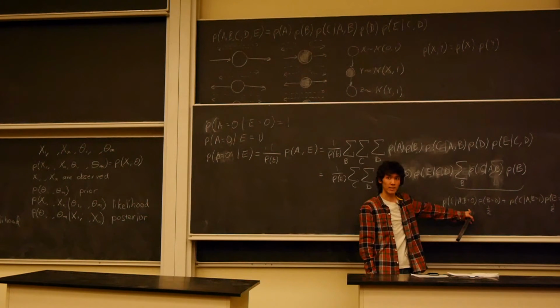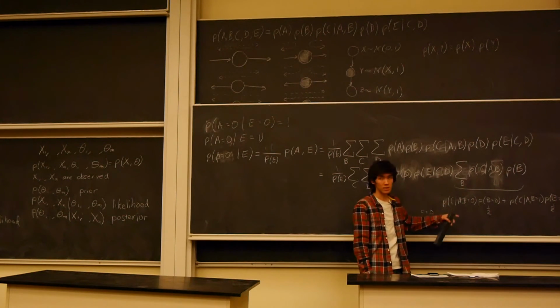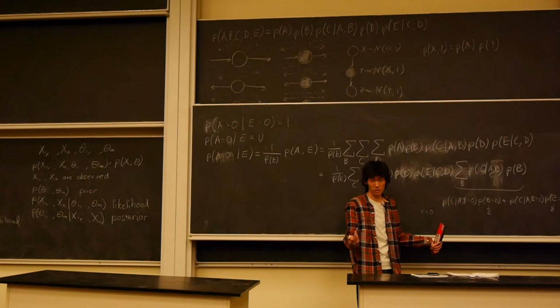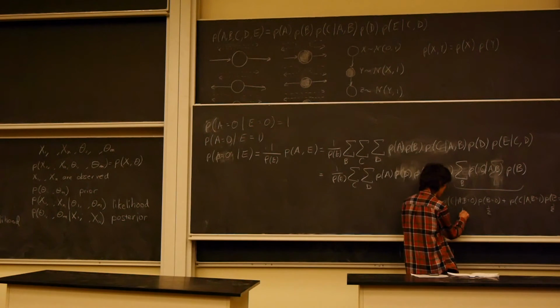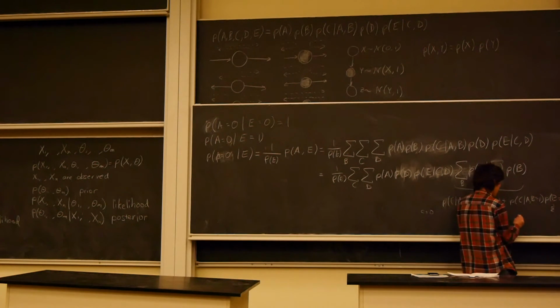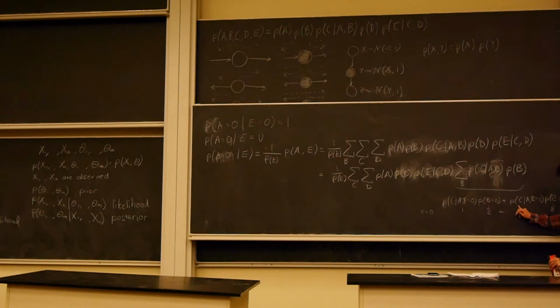What's that probability? That's 1, because C is A plus B, and if A and B are both 0, then C is 0. Probability that C is equal to 0 when A is equal to 0 and B equals 1? 0. This is 1/2.